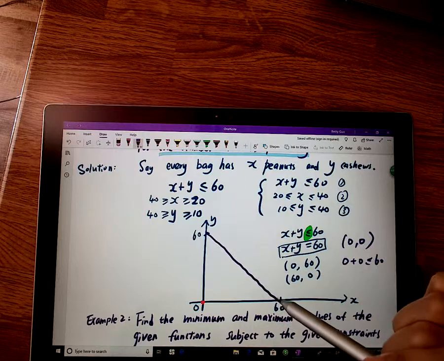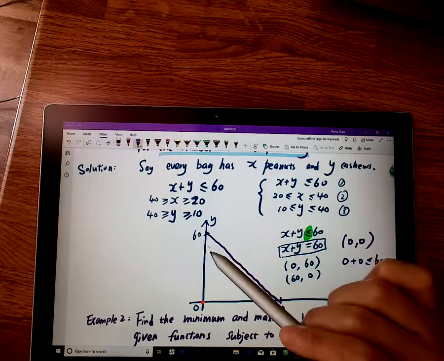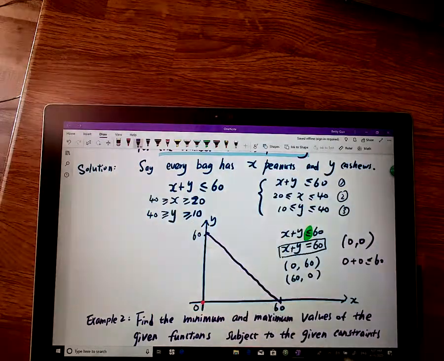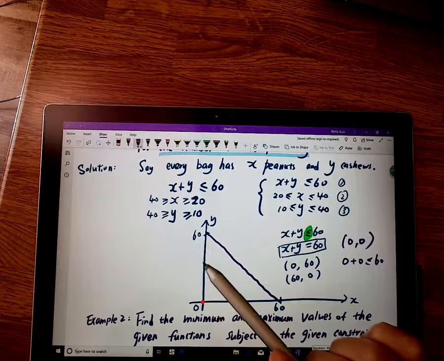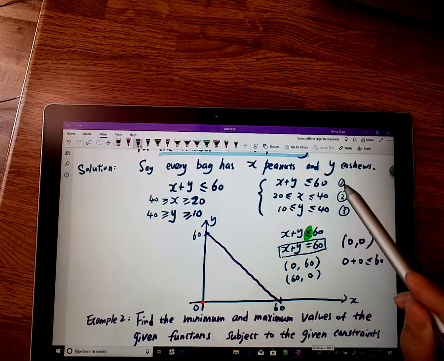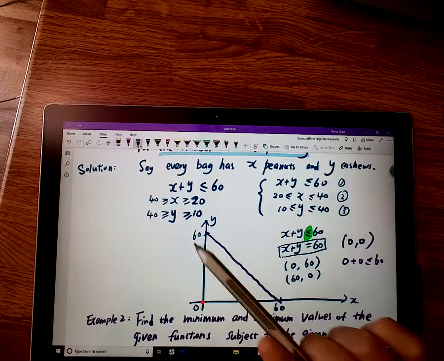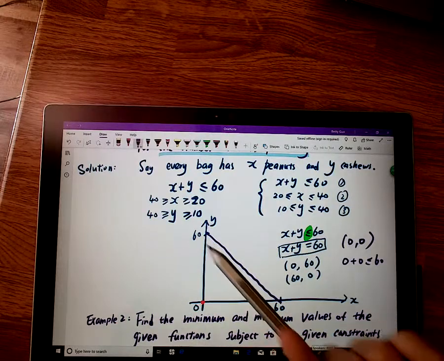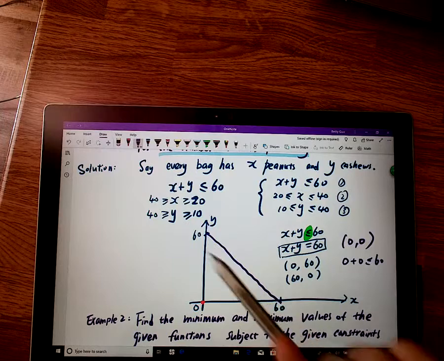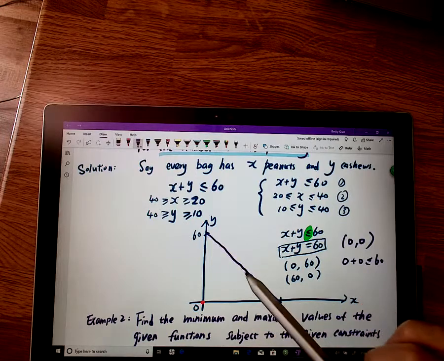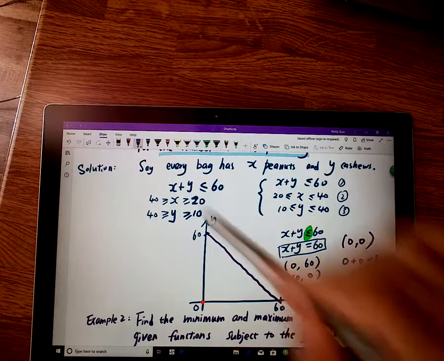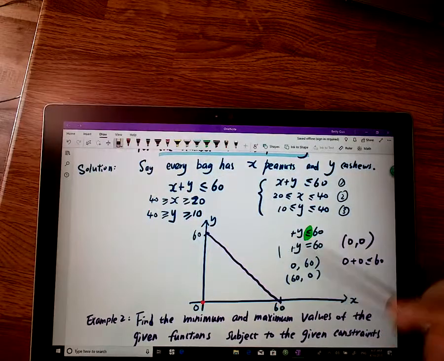Now you see a line segment, but actually the boundary is a straight line. Once again, the solution set of inequality 1 is the half plane below the boundary line, including the points on the boundary. All right, so we are done with number 1.